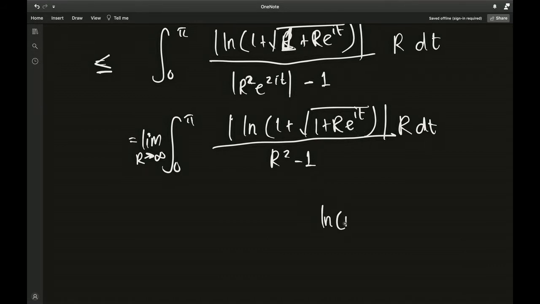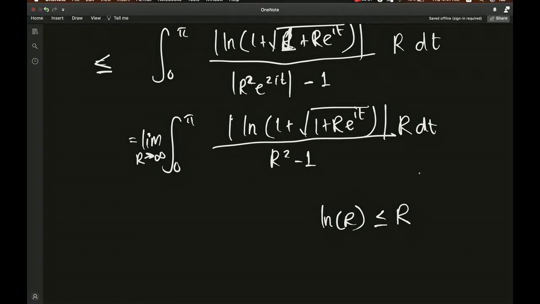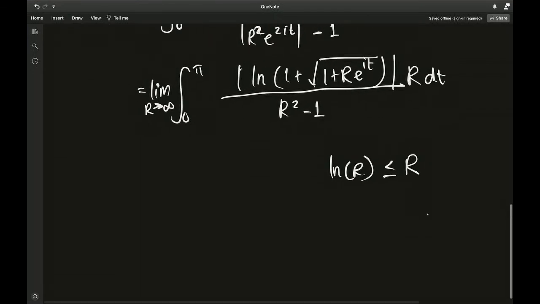Like, the natural log of r is always less than r, because we are talking real numbers. r is a real number, that's why.